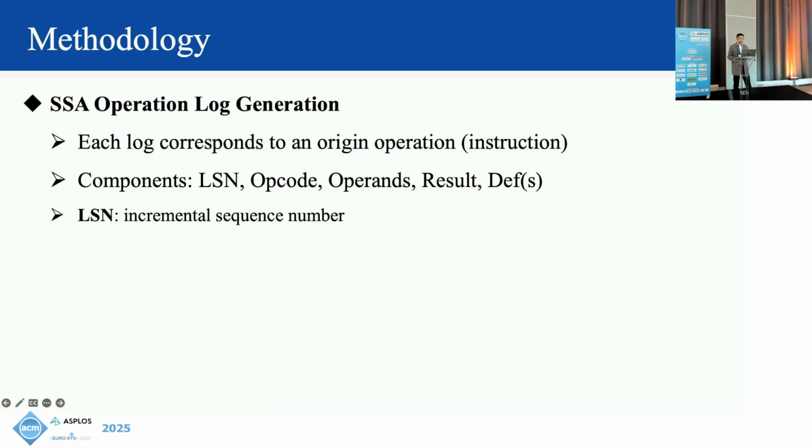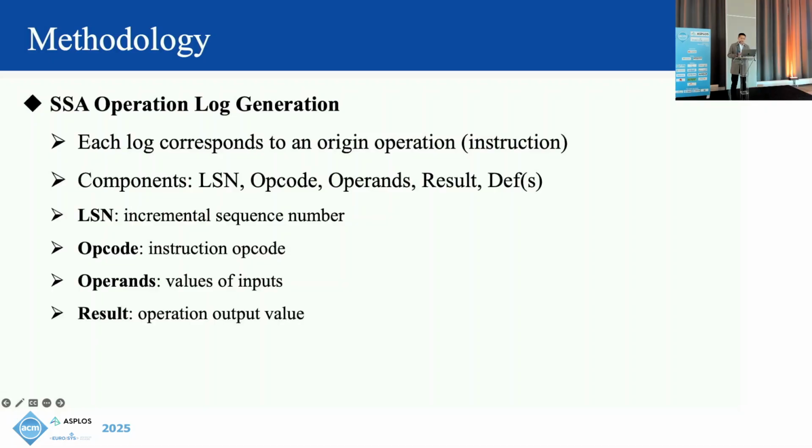The second is the instruction's opcode, for example, ADD or SUB, and MLOAD. Third is the operand field, which records the actual input values used by this operation, and then the result denotes the output value produced by the operation.